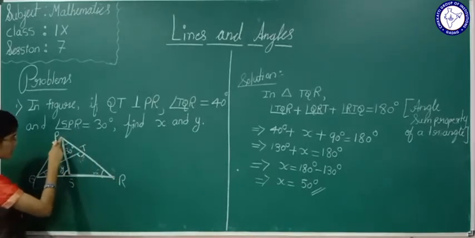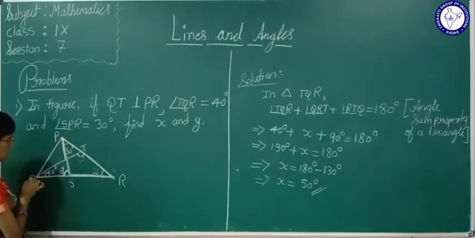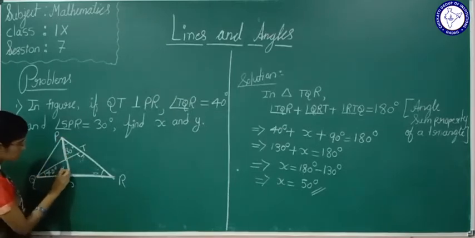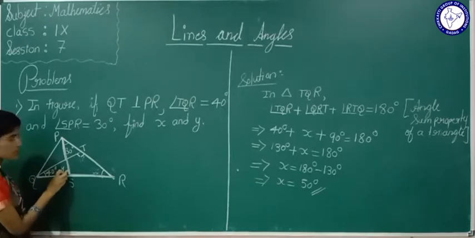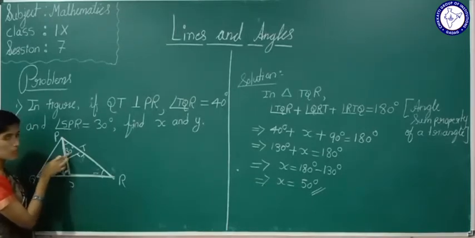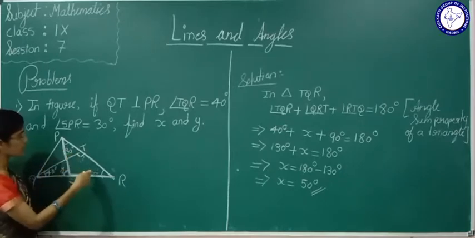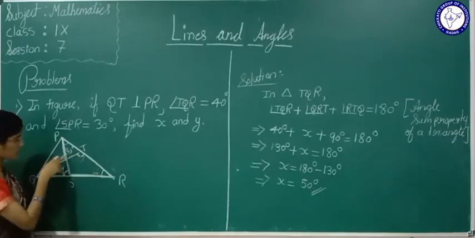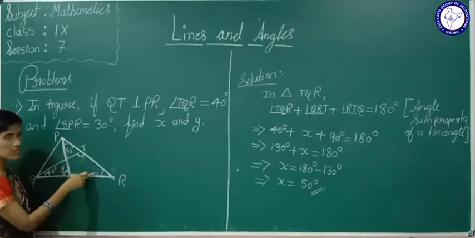For triangle PSR, the exterior angle is PSQ. PSQ is an exterior angle. This exterior angle is equal to what? The sum of the interior opposite angles. Here, the interior opposite angles are 30 degrees and x. So y is equal to 30 degrees plus x.